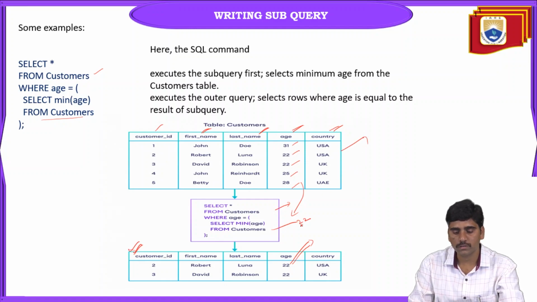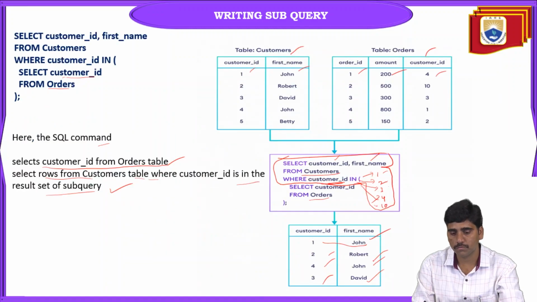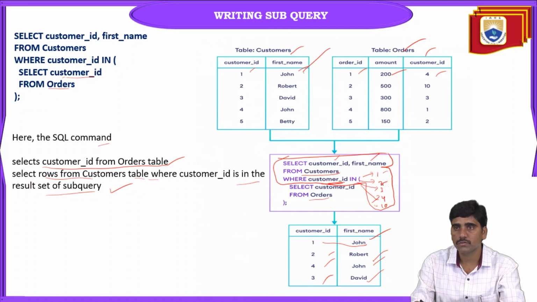So here you can see the examples. In the customer table, the subquery is executed and the result of the subquery acts as a condition for the main query and displays the result. In this example also, two tables are there, the customer table and the order table.